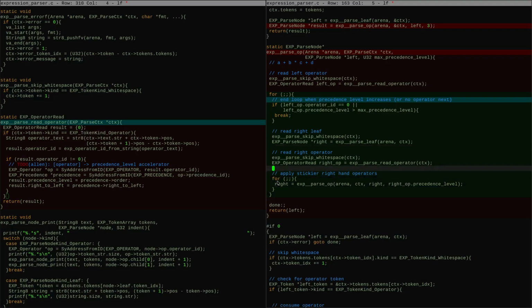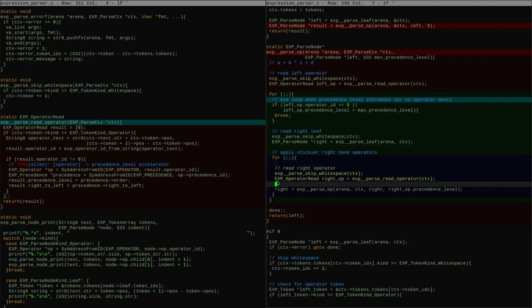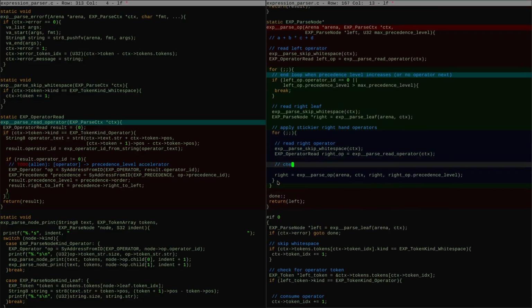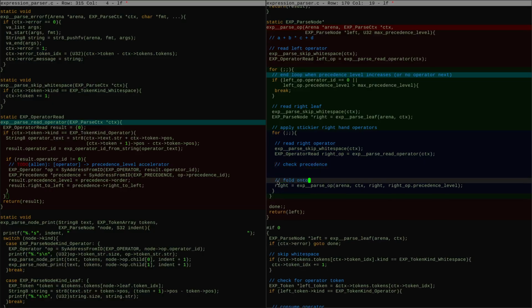And so this is like read the operator, check the precedence, fold onto right. And so what you do is you say, okay, recursively fold right.